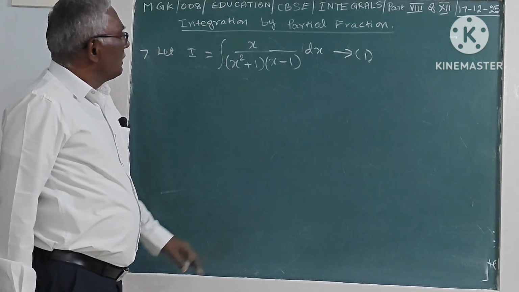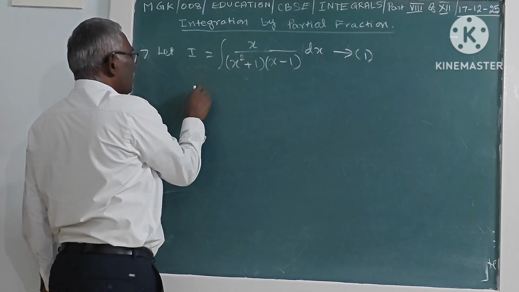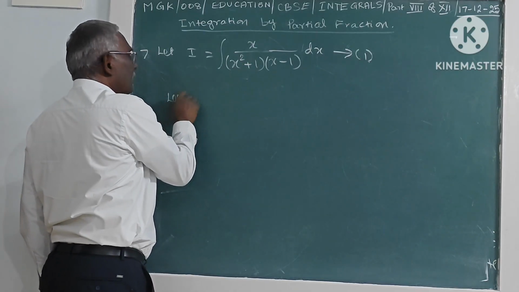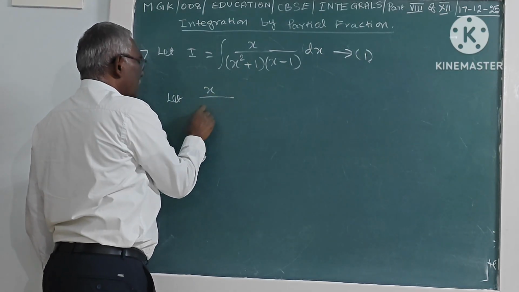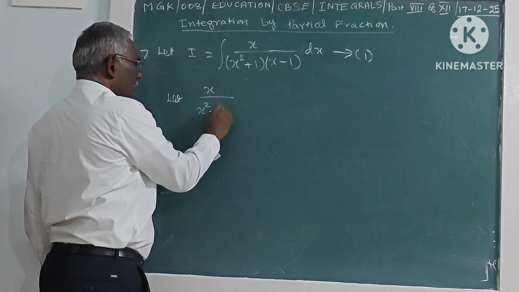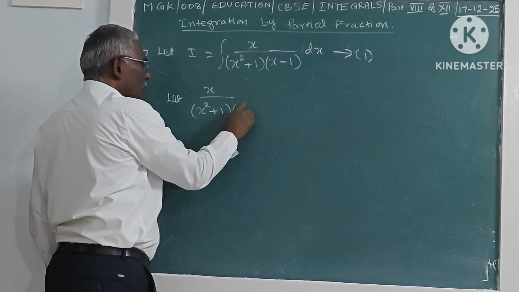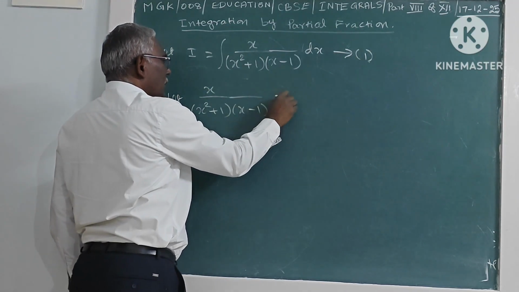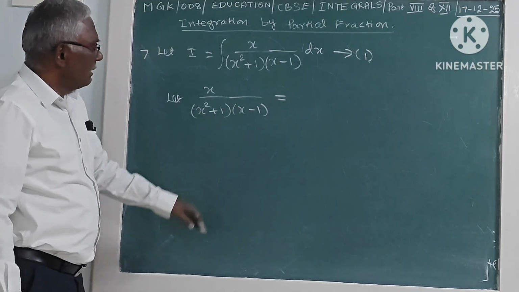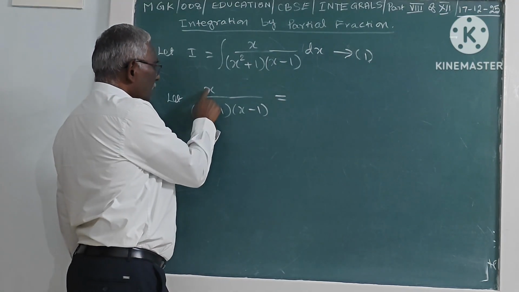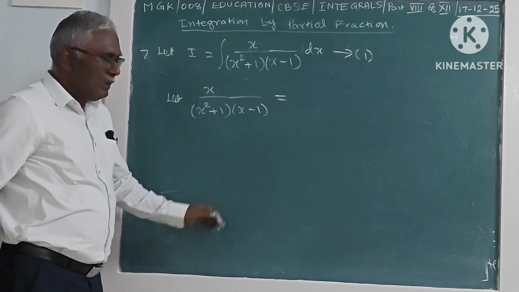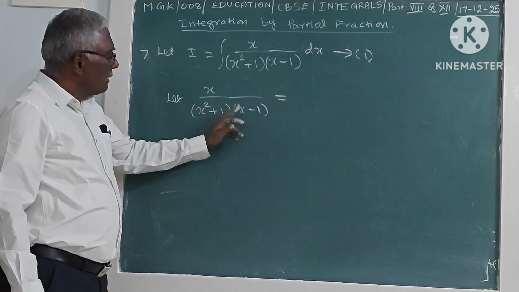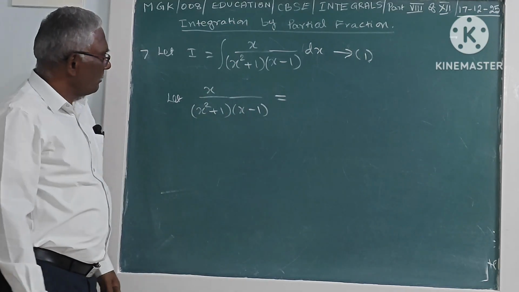So in this integral, this integrand x by x square plus 1 into x minus 1, here degree of numerator is 1, degree of denominator is 3, it is a proper fraction.